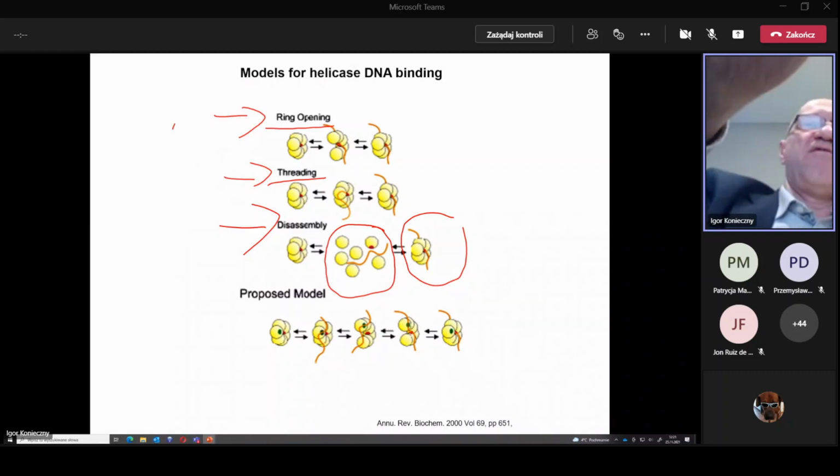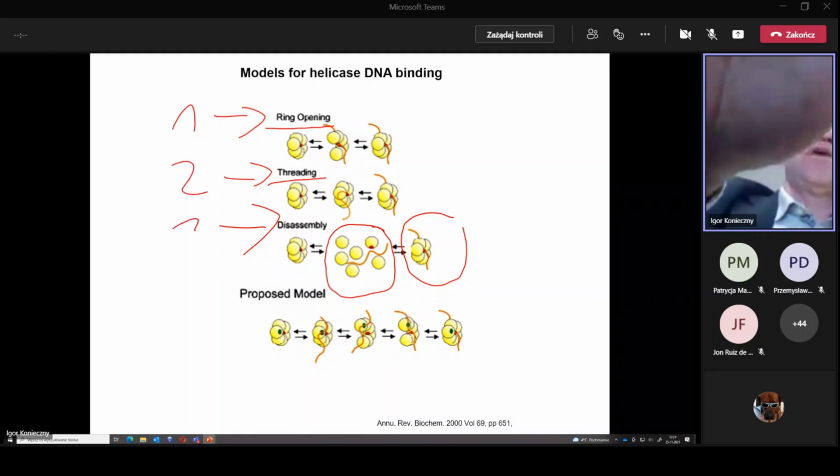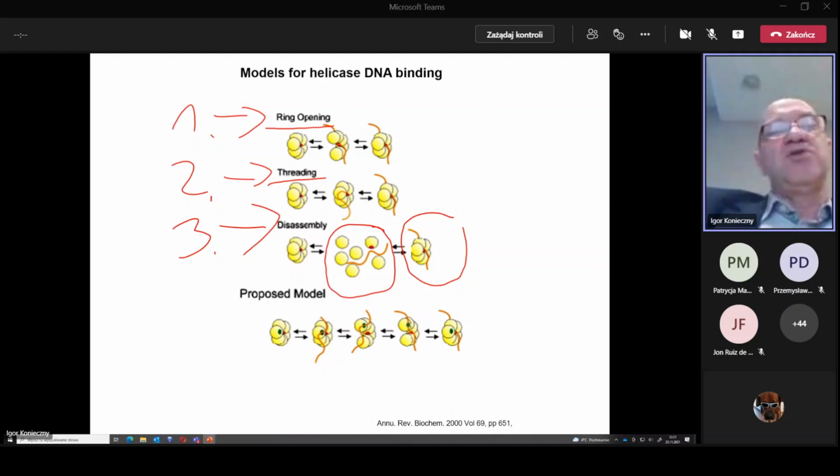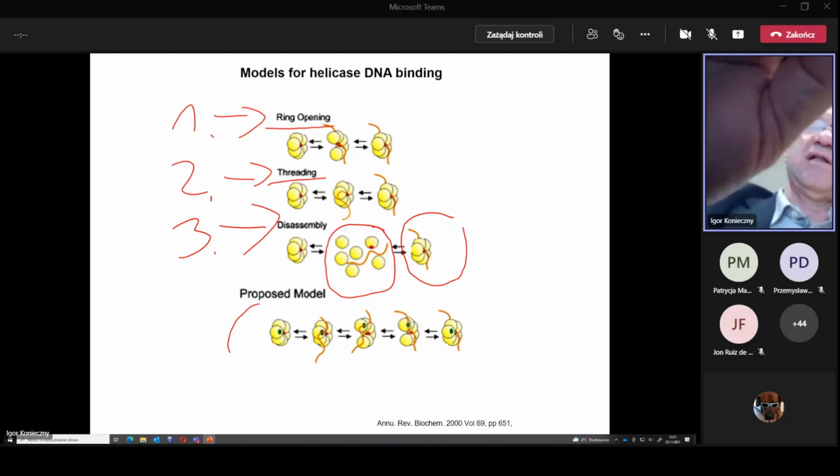Okay, so we have three concepts. The question is which one is true, or maybe not one is true, but a few of them are possible in cells.